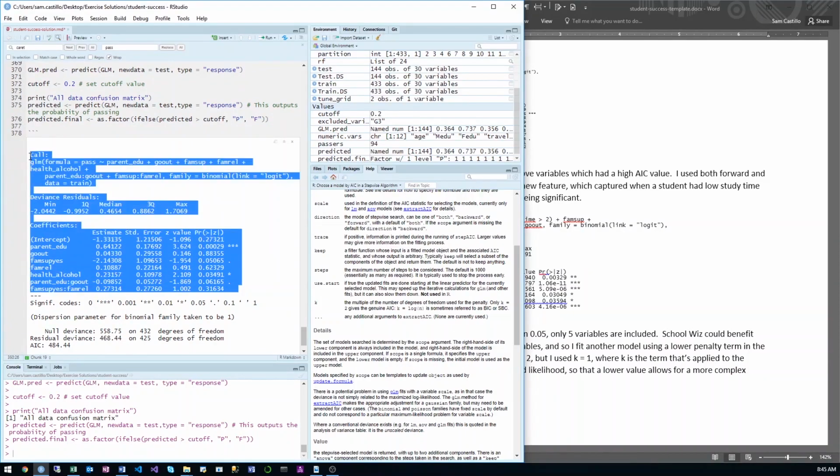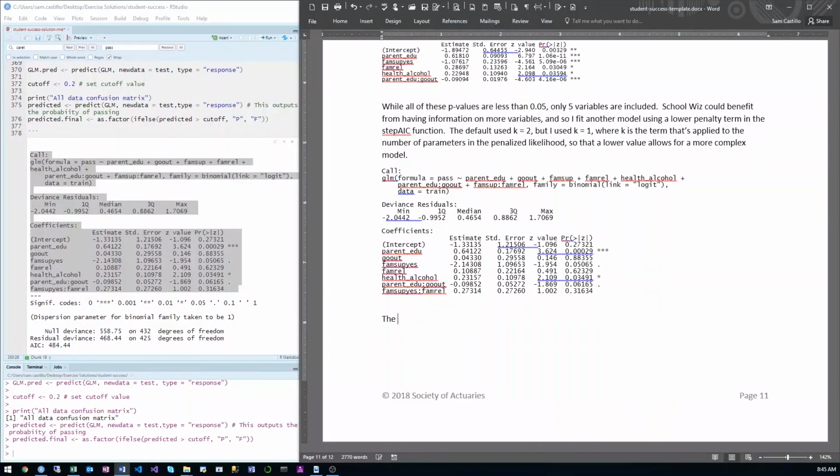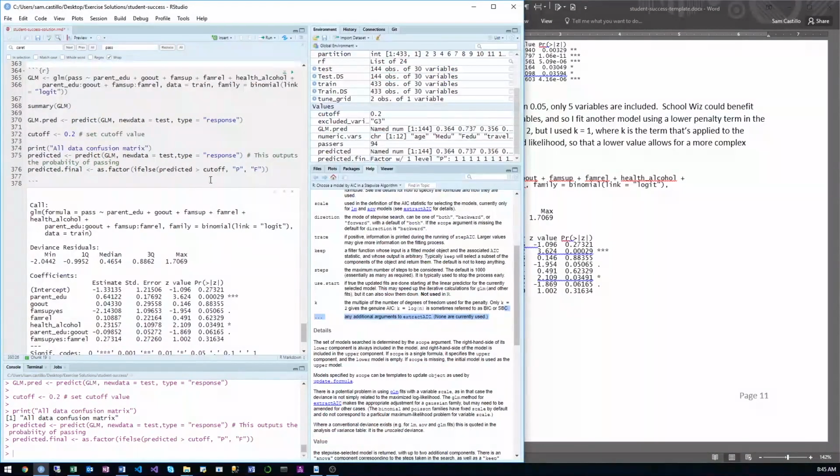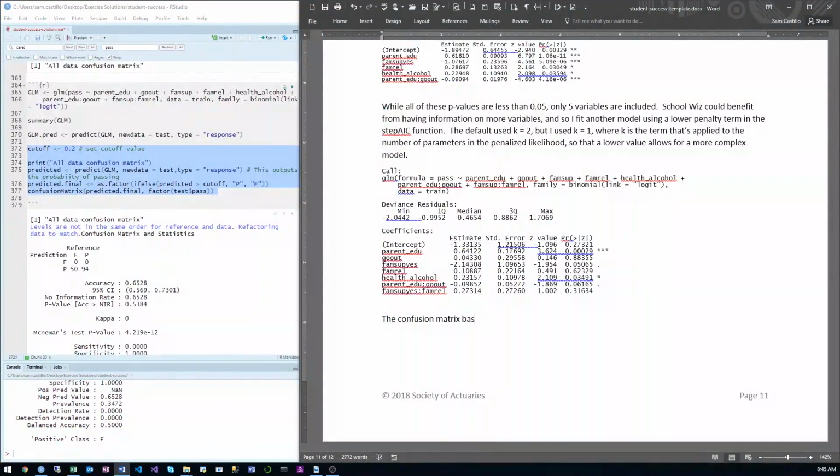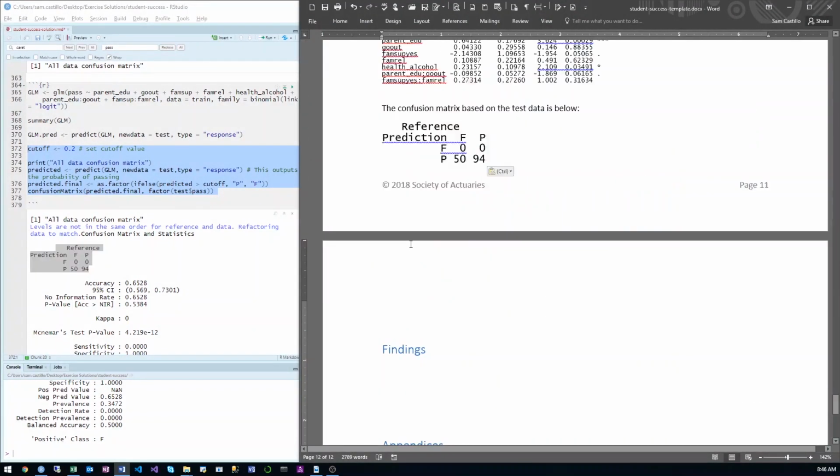That's this model here. The confusion matrix based on the test data is below.